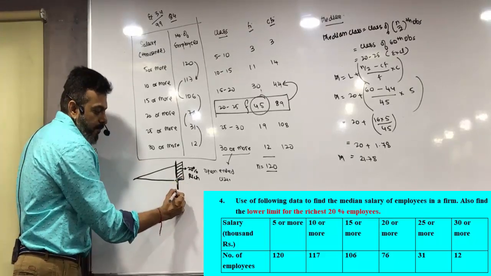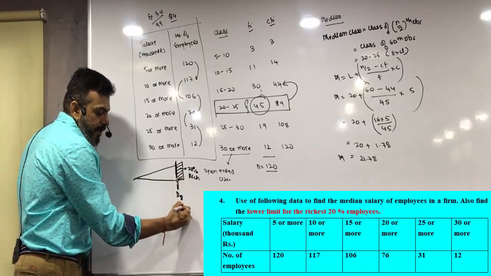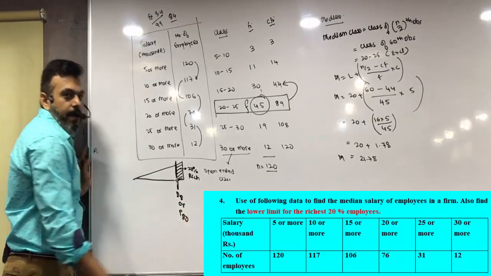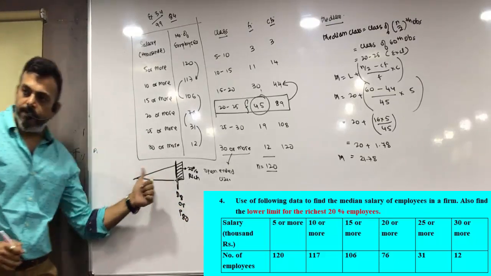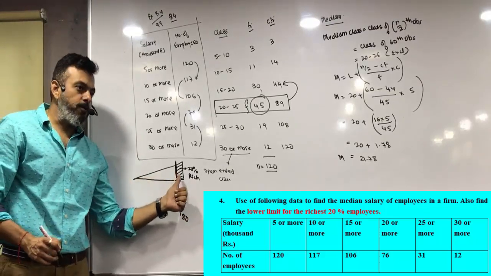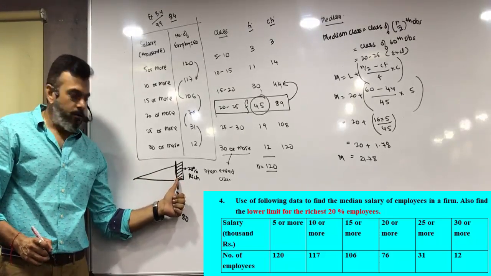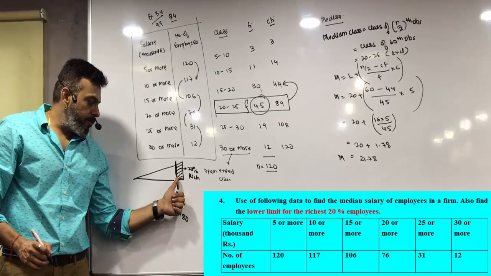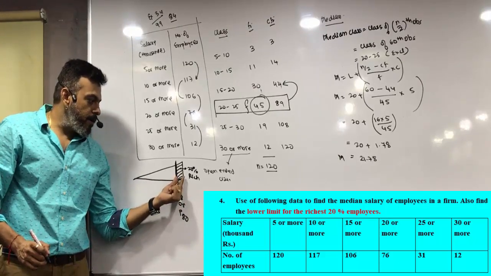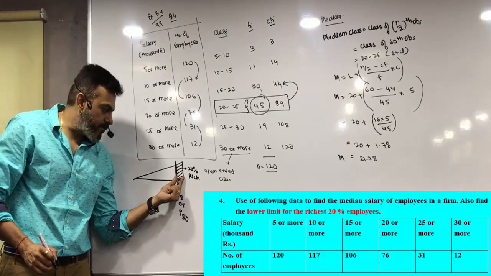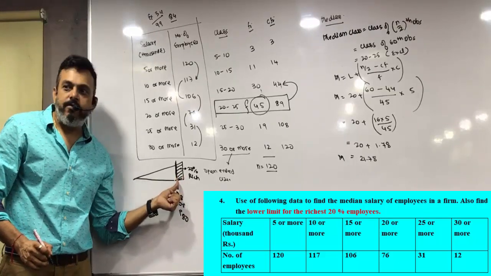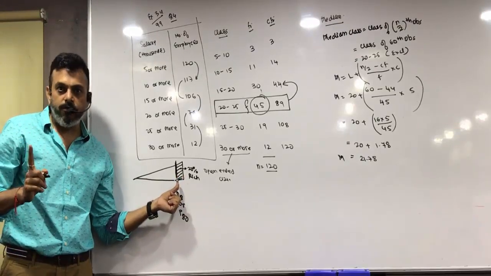So it is 20%, so it is either D8 or P80. It is 80% over here. I want the top 20%. So the employee here is the person among these 20% rich who is getting the lowest salary. You understood this?